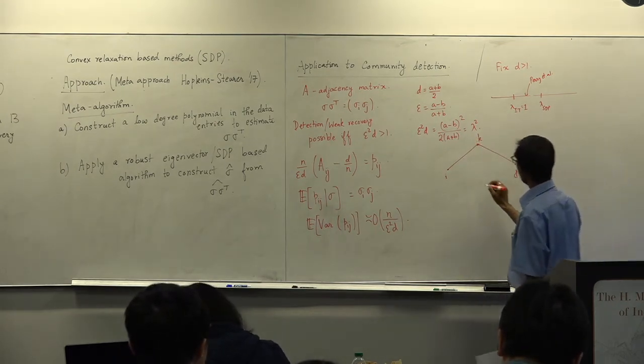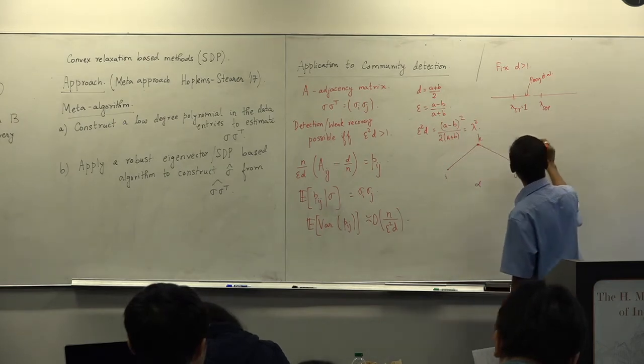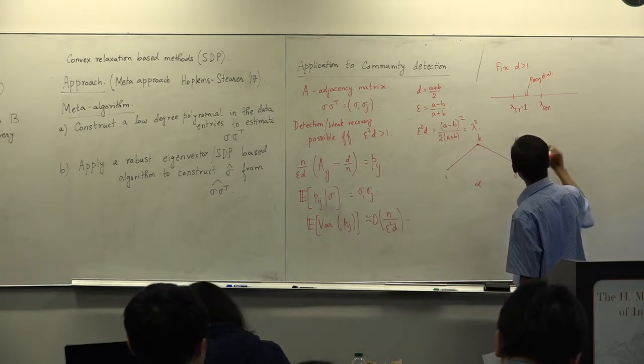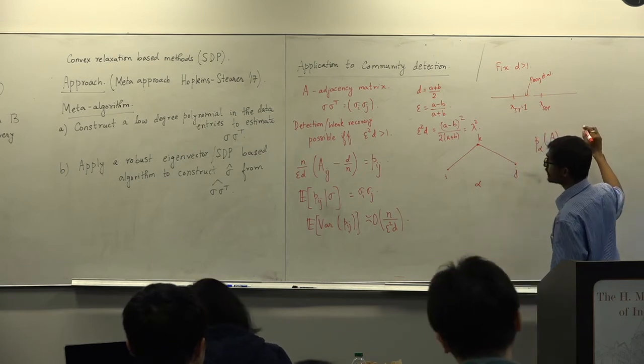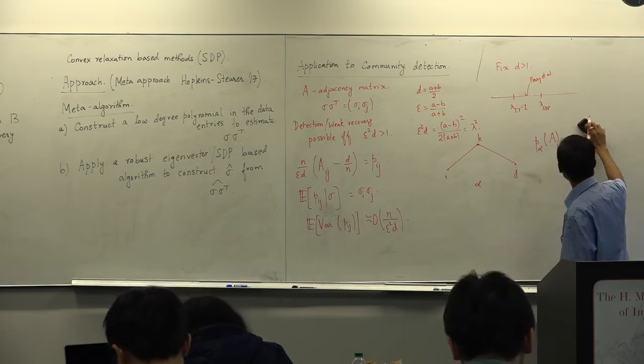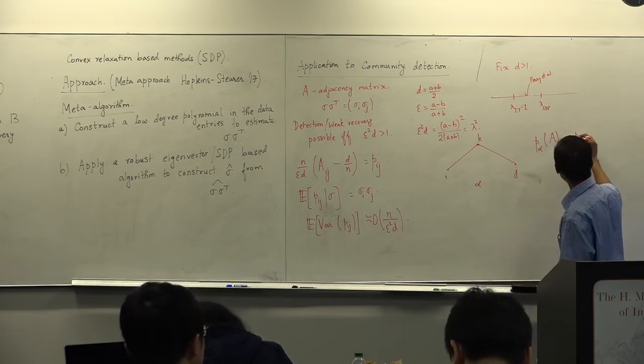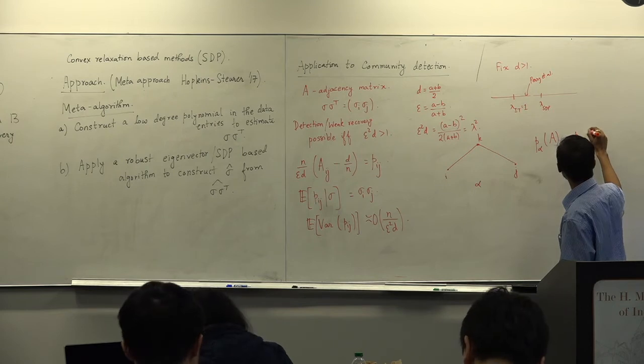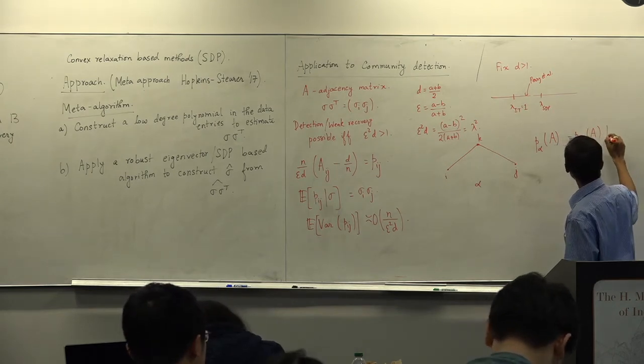And then if I call this path alpha, I can define P alpha of my adjacency matrix as essentially the product, or in this case just these two entries, P_ik times P_kj.